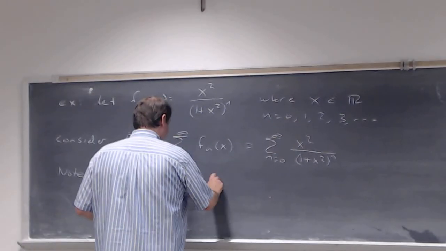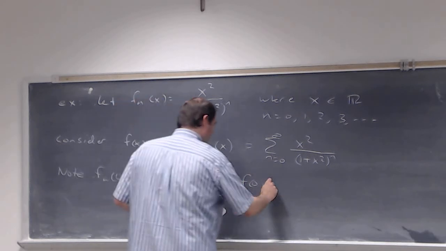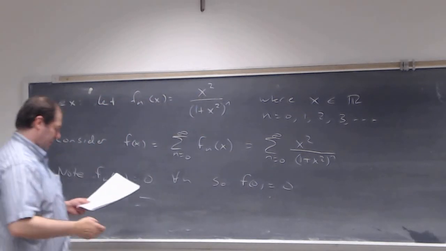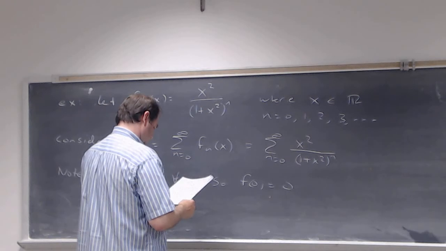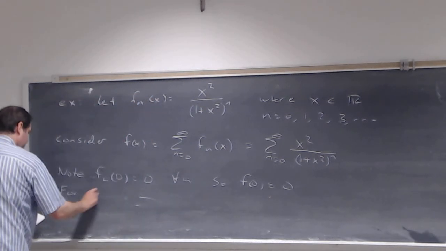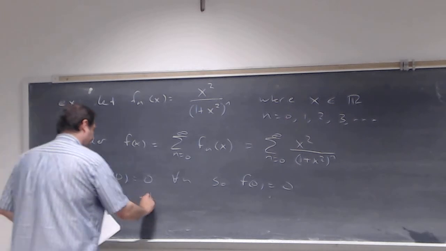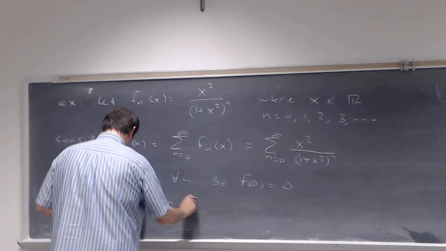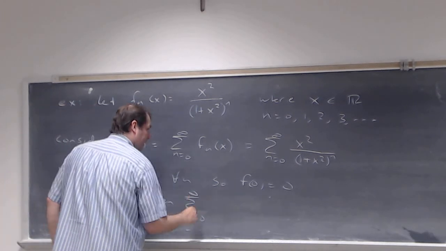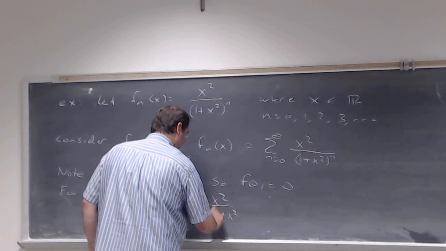So this sum of a bunch of zeros is equal to 0, so that's what f of 0 has to be. Now, for x being different from 0, then we have the sum as n runs from 0 to infinity of x squared over 1 plus x squared raised to the n.